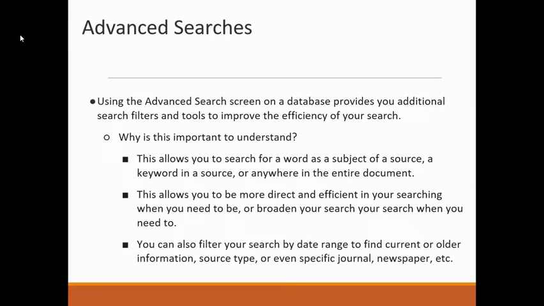It can also allow you to broaden your search piece by piece when you need to broaden your search more. And on the advanced search page of most databases, you can filter your search for articles written at a specific date or published in a specific source type. So, for example, if you just wanted newspaper articles, or you just wanted books, or you just wanted journal articles.